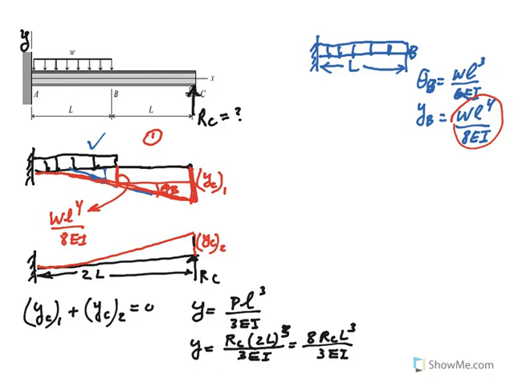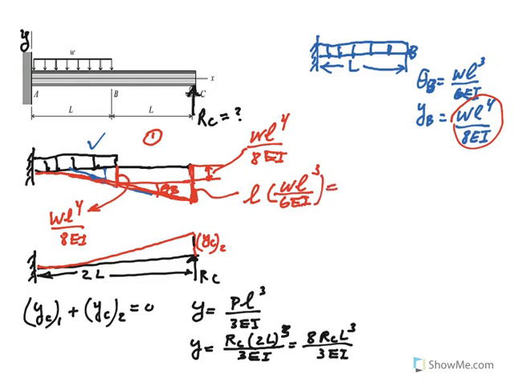I already know this one is WL to the power 4 over 8EI. And what happens to this one? This one is simply L times theta B, but theta B is WL cubed over 6EI. So this becomes WL to the power 4 over 6EI.